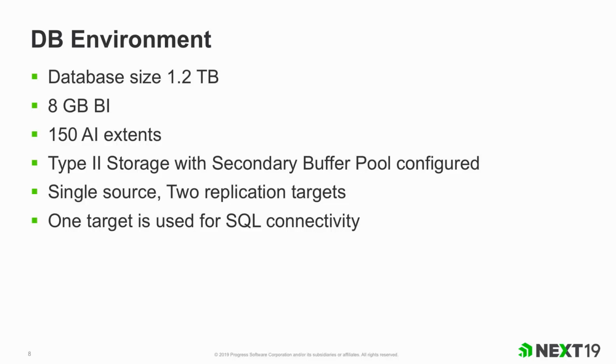We are using Type 2 storage, and we do use a secondary buffer pool for our control tables. So, a little bit of DBA work has gone into this process. We have a single source database and 2 replication targets, and each of my replication targets has after image running. That way, if we ever have to fail over, whichever machine we fail over to, AI is available, and we can go to either of the 2 targets depending.